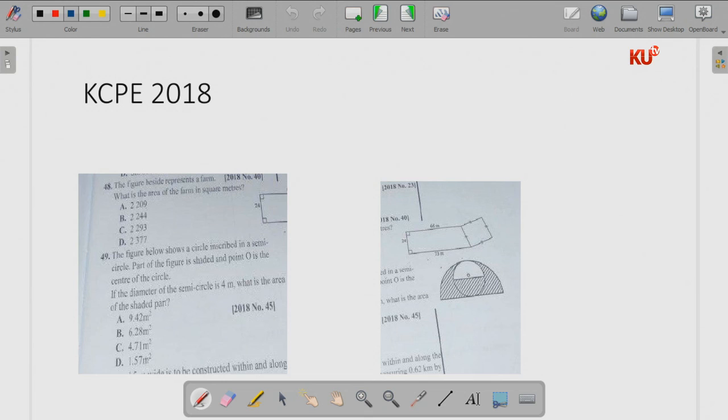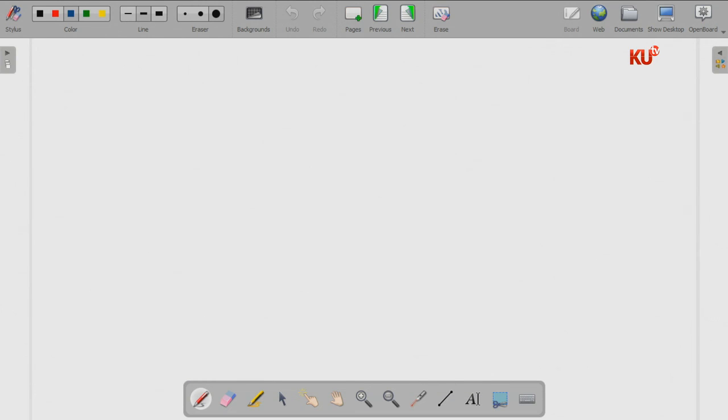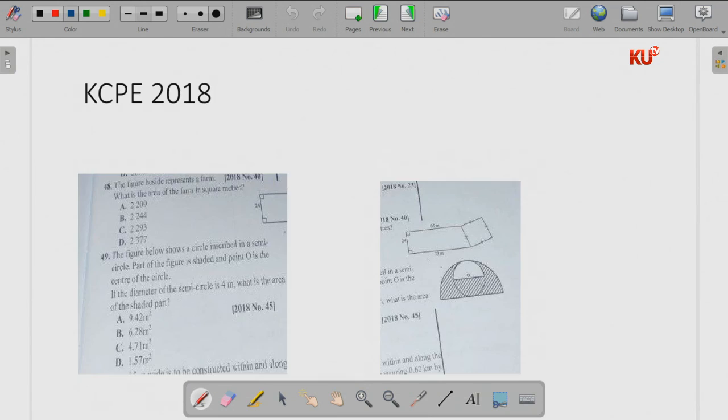Now these are KCPE questions. I will only try 2017 with you, so that you can also try others at home.